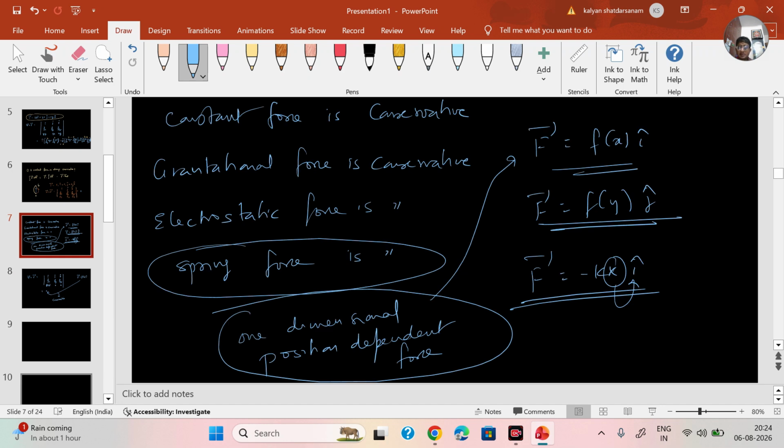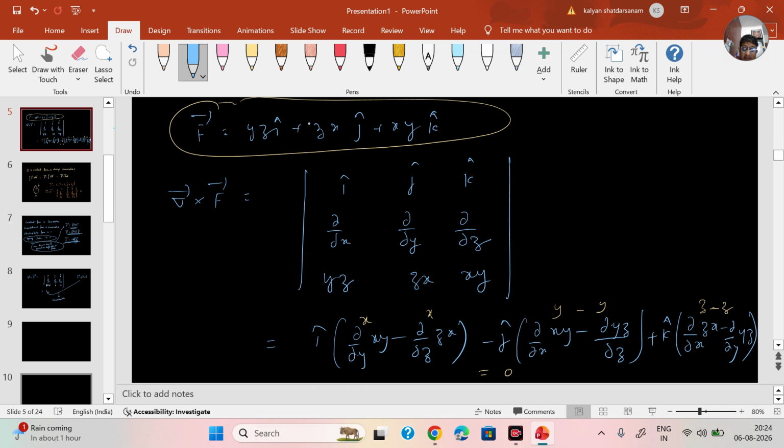For our purpose, any constant force is conservative, gravitational force is conservative, electrostatic force is conservative, spring force is conservative. If some force like this is given, y z i, z x j, you can check del cross f and see if it is 0 or not. If it is 0, that will be conservative. So this is as far as conservative forces is concerned.